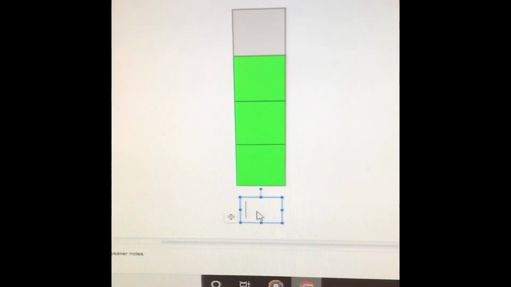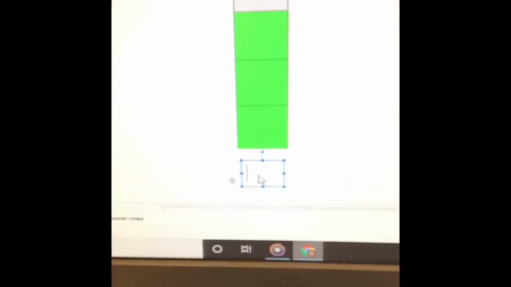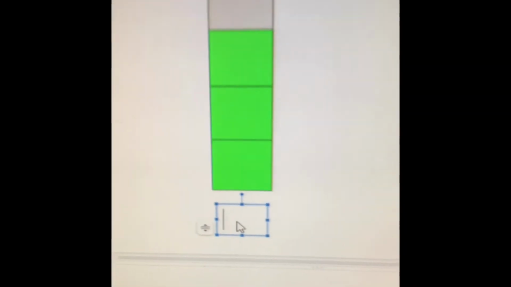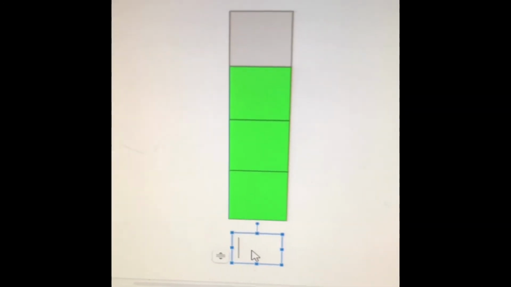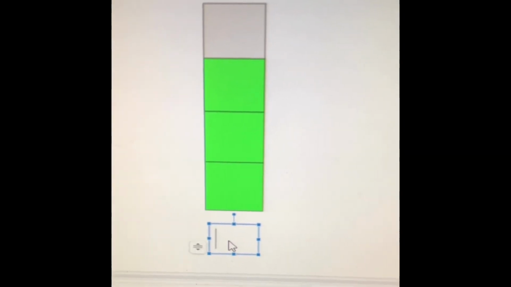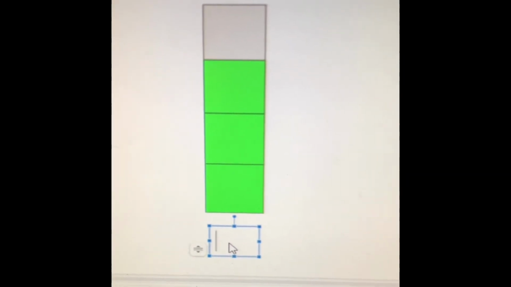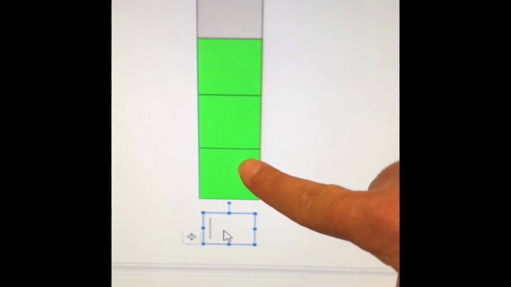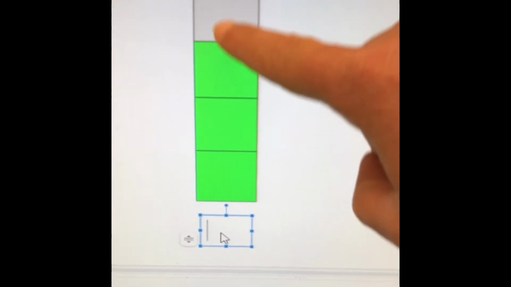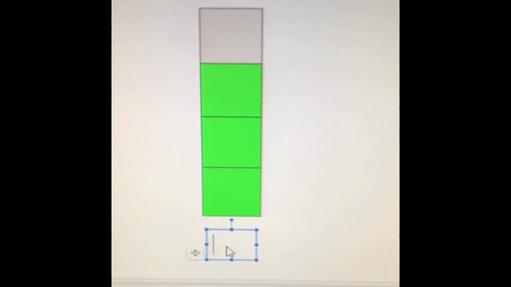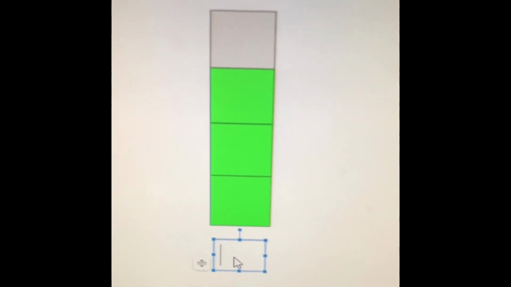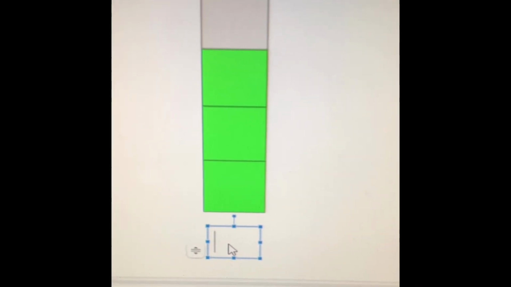Alright, ladies and gentlemen, final example problem now. As always, the first step, I'm going to count the total number of pieces. 1, 2, 3, 4. So there's 4 total pieces in this picture, in this shape here.